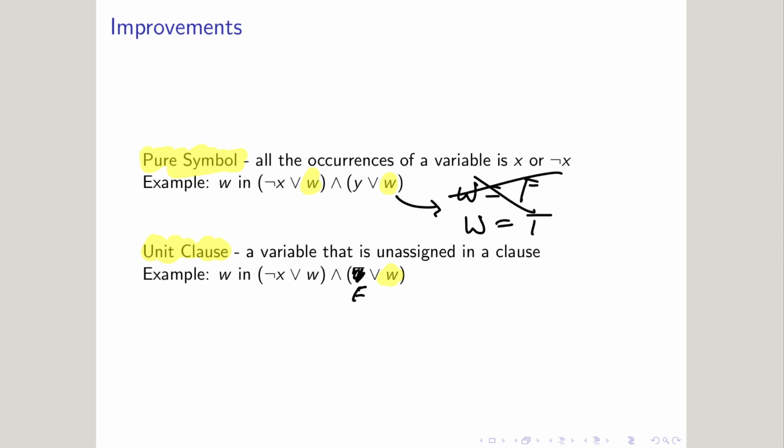Again, it's basically a no-brainer that W should be true. Where there's only one, we only got one. There's only one possible way to solve this particular clause, and we have to satisfy them all. So then we know W has to be true here because we have false or, well, it has to be true. So that's what we call a unit clause.